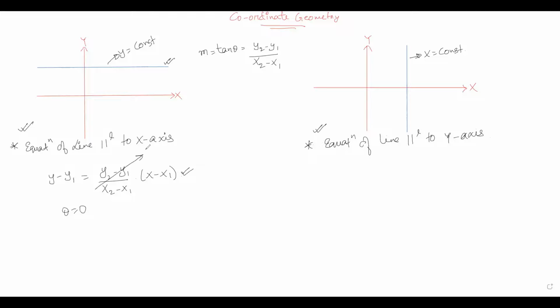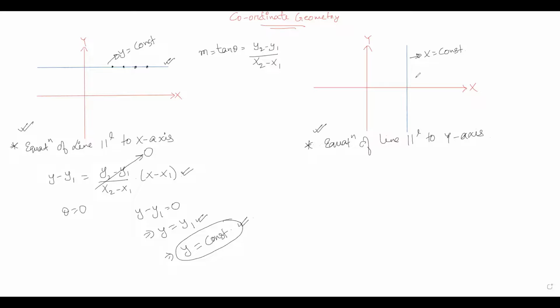So this part would be 0, that is the slope would be 0. So we can say that y minus y1 would be 0, or y would be equal to y1. Now, this y1 is the y-coordinate of all the points that is lying on this line and which is constant. So we can say that the equation of a line parallel to x-axis would be simply y equal to some constant.